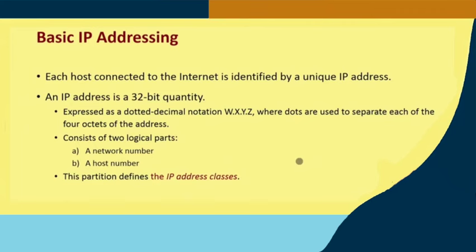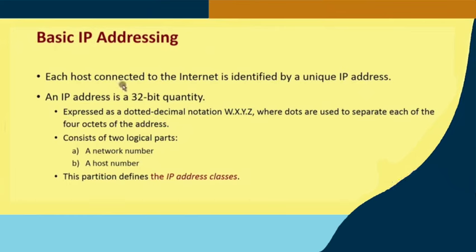At the level of IP, we assign some kind of address to every computer or host, and that address is supposed to be unique, because if it is not unique, and you are sending a packet to some other computer and there are multiple computers with the same IP address, there will be confusion. The routers will not know where to forward, and therefore, this uniqueness in address is very important.